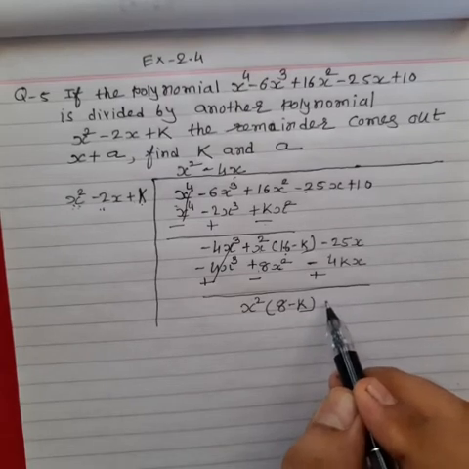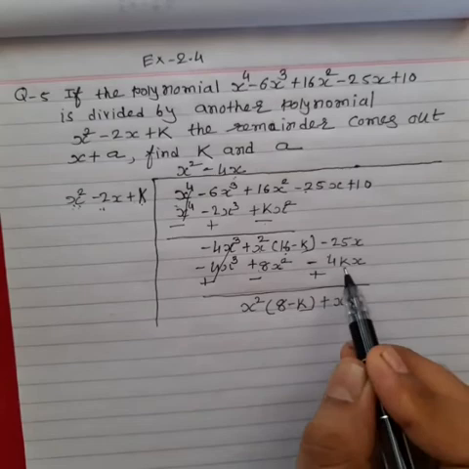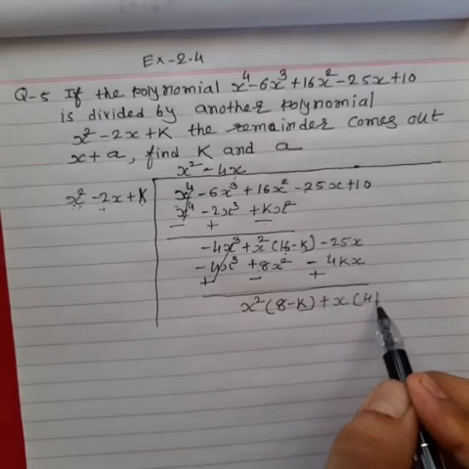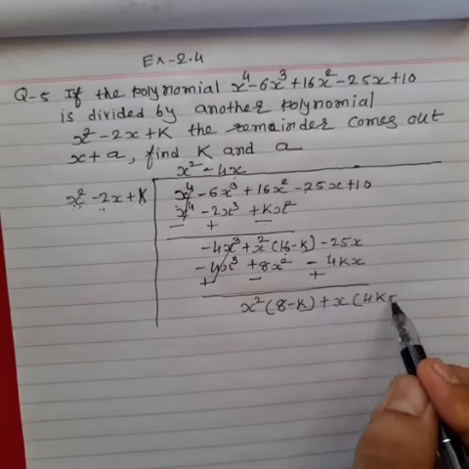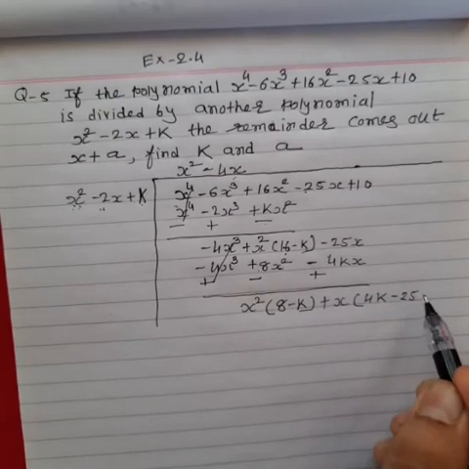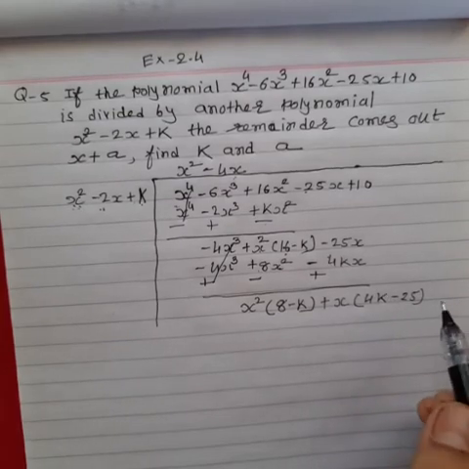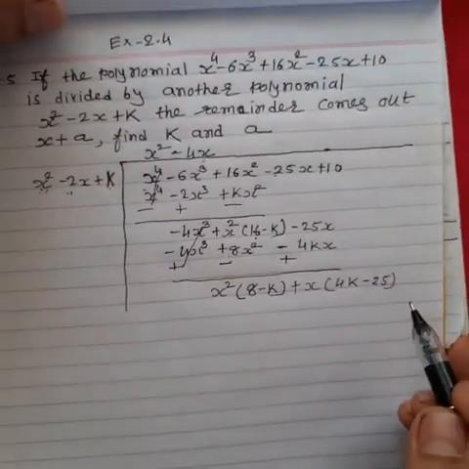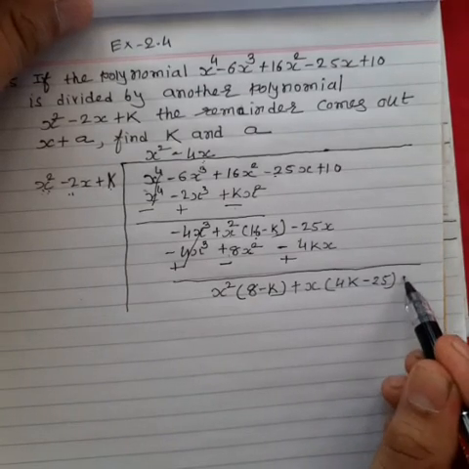So if you take x common, we write 4k first because it's positive, and then minus 25. Get it? And carry 10.